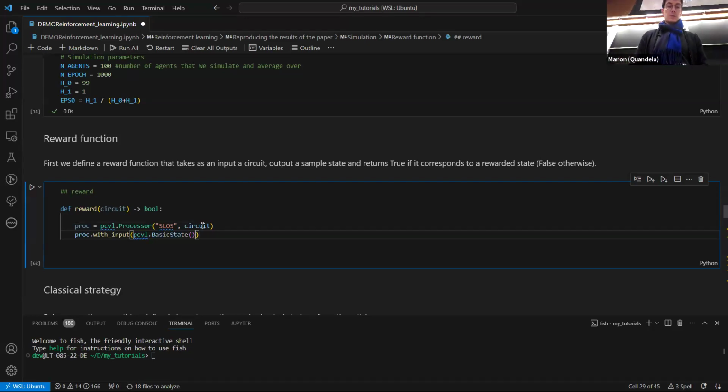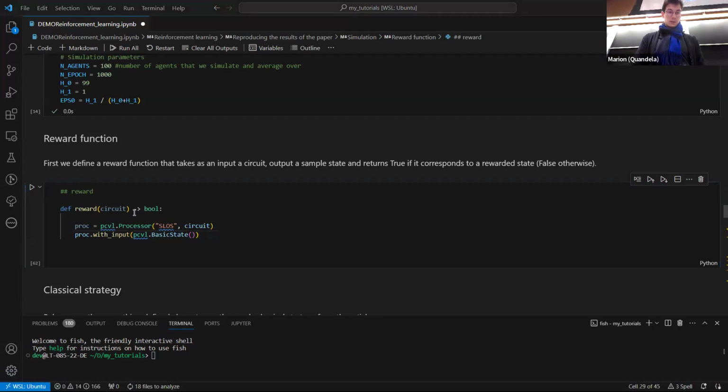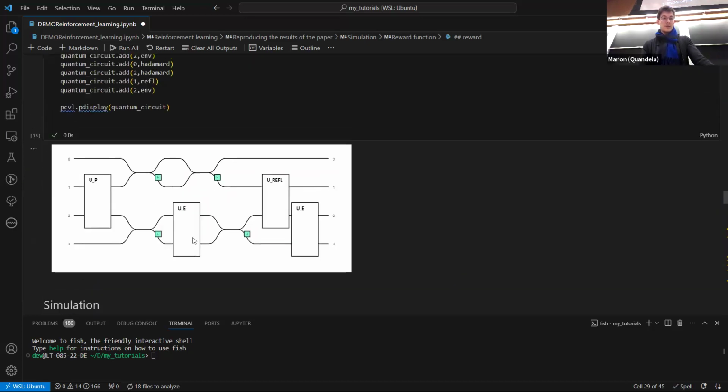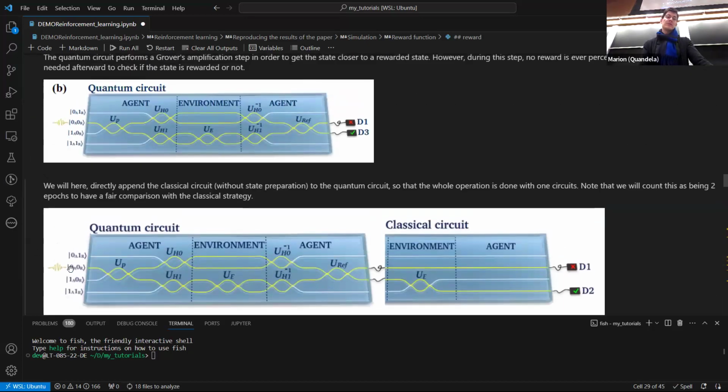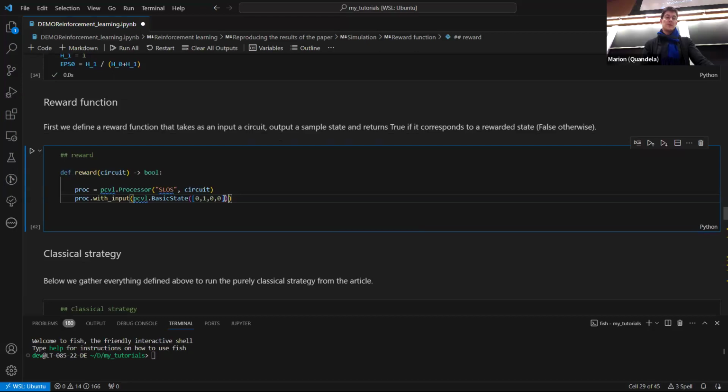So it's really what we want. So here, if you look at the paper, they say that they always put the single photon in the second mode. So this is what we are going to do here. We are putting the single photon in the second mode, only one.